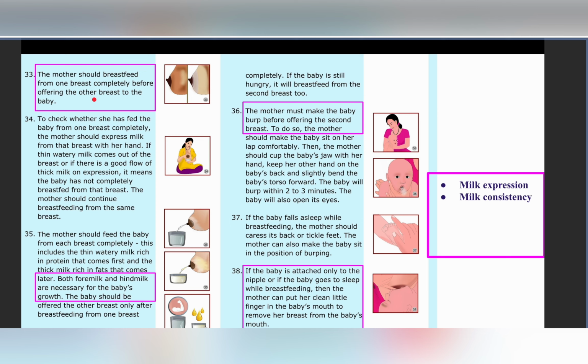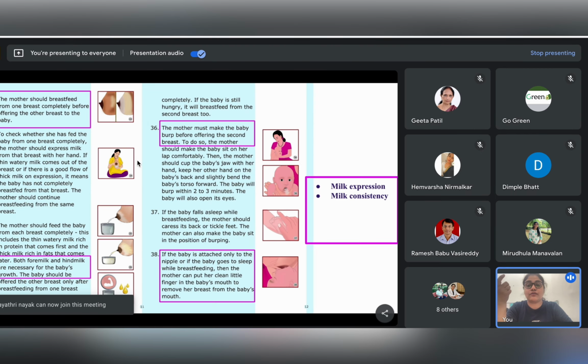So we have discussed the concept of foremilk and hind milk. Foremilk is more watery in consistency, and hind milk is the thicker consistency milk, which is very rich in fats, and hence it is more beneficial for the growth of the child.